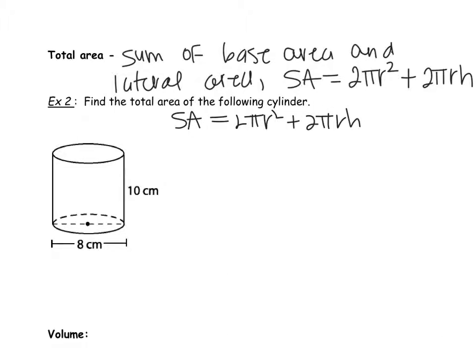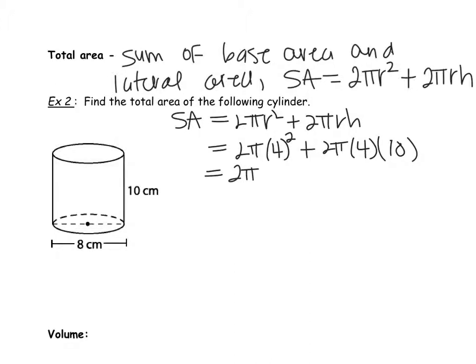In this case, we're actually given the diameter of our circular base, which is 8, which means our radius is 4. So we have 2 pi times 4 squared plus 2 pi times 4, and then our height is 10. So when we square 4, we get 2 pi times 16 plus, and then 2 times 4 times 10 is going to give us 80 pi. 2 pi times 16 is going to give us 32 pi plus our 80 pi.